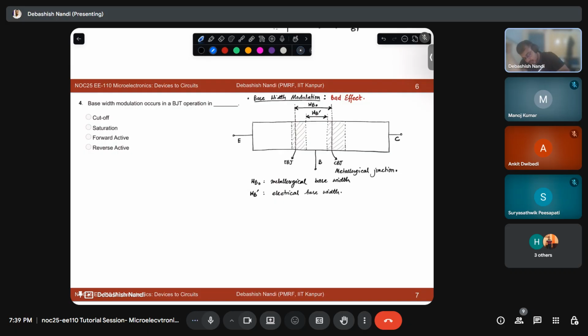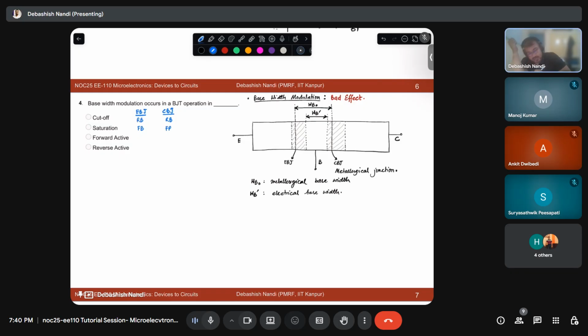Okay, before that, let us revise something. What are the conditions on EBJ and CBJ for these modes? For cutoff, what are the conditions? Both to be reverse bias. Fine. What is for saturation? EBJ forward bias, and CBJ is also forward bias.